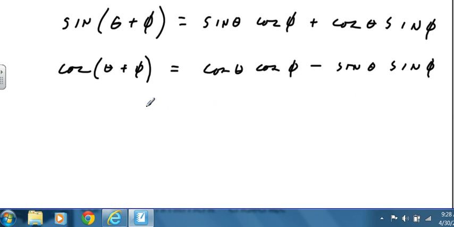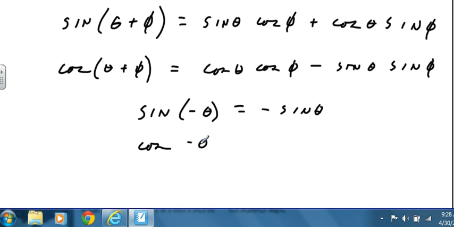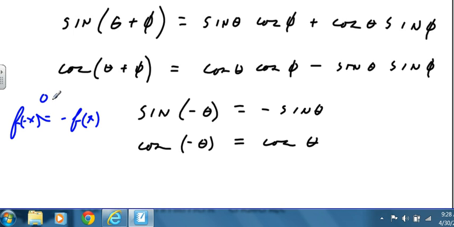All right, now we have two other things sitting here. So we have the sine of minus phi is minus sine phi, and we have the cosine of minus theta is equal to the cosine theta. Now that begs the issue: if I have a function where the function of minus x is equal to minus the function at x, we call that an odd function.